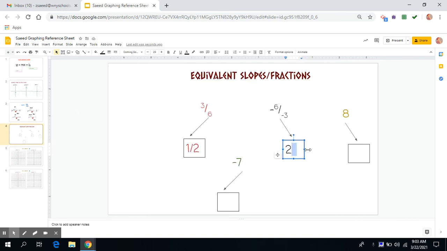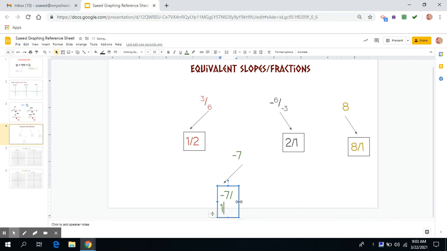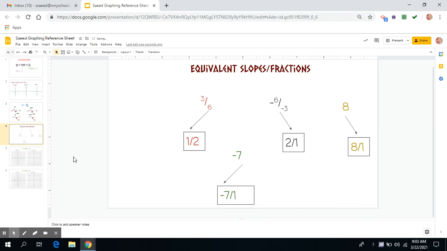It's really easy to forget if you don't have it in a fraction. So every whole number always goes over the number 1. So again, I just told you 8, I want it written as a fraction. It's a whole number, so it's always going to go over the number 1. Same thing with -7. It's always going to go over the number 1. Obviously, I'm going to make that a little bigger.